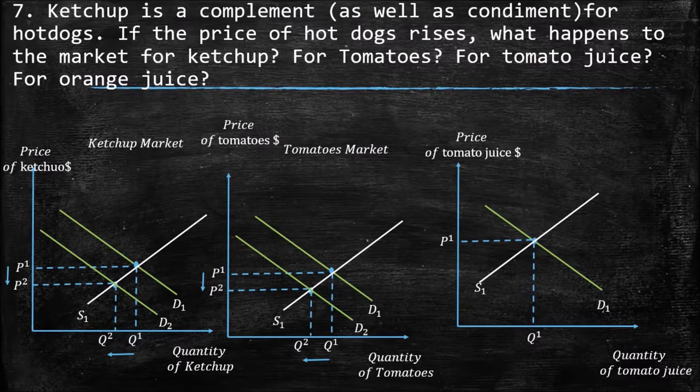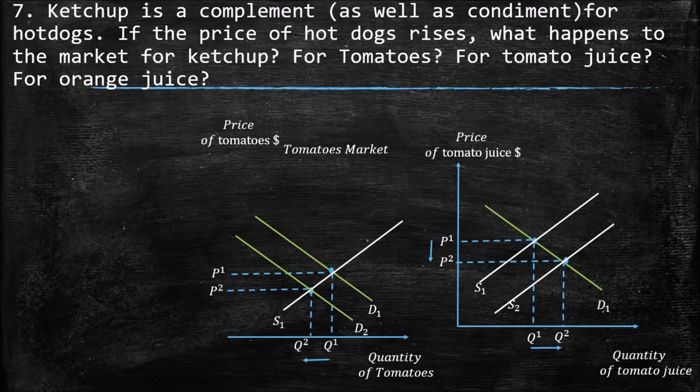So in this case the supply can increase, so it's going to shift to the right. So the price of the tomato juice is going to decrease and the quantities are going to increase. Okay, this is the change.